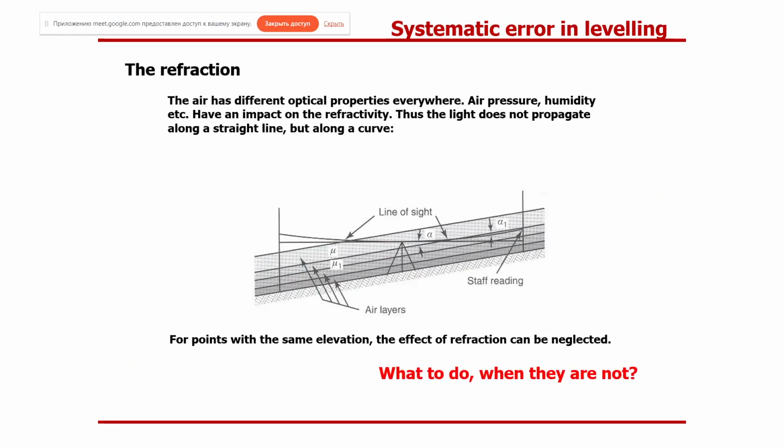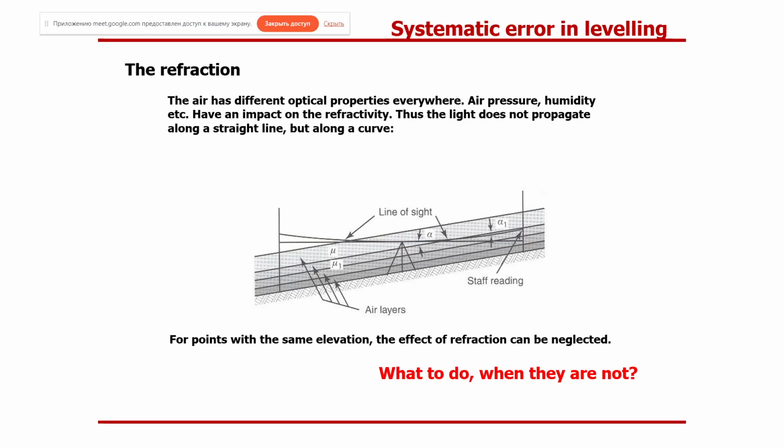Another systematic error is refraction. The air has different optical properties everywhere: air pressure, humidity, etc. This has an impact on the refractivity.